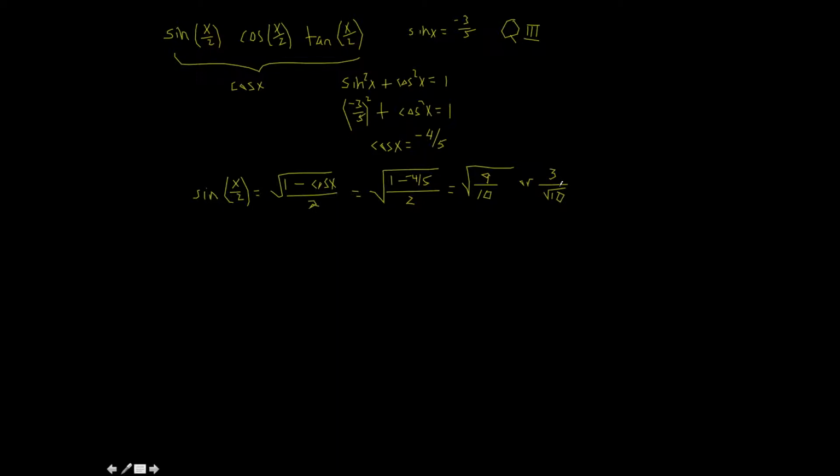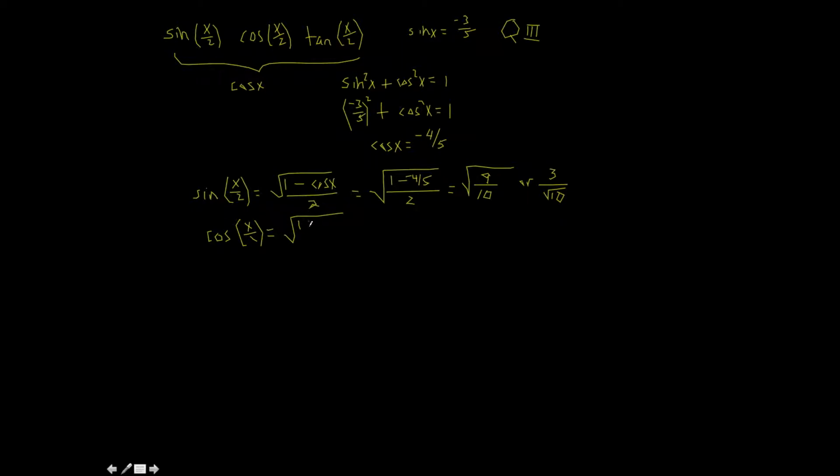Now, how do we get 9/10? By simplifying the top and dividing by 2. Okay, so keep that in mind. Don't let that confuse you. Just the same way, we could get cosine of x over 2. Its formula is almost identical.